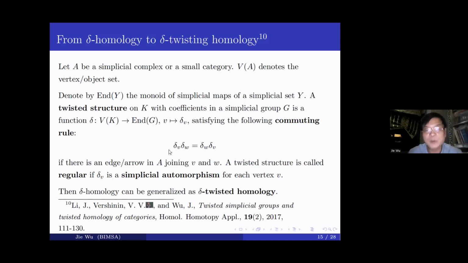You can put whatever twisting you want: given a vertex, I put a matrix, I put another vertex, I put a matrix. Now, if you want this machine to work well, then if there is an edge joining the two vertices, actually there is only one condition: we need this commuting rule. That turns out to be the only condition we need.